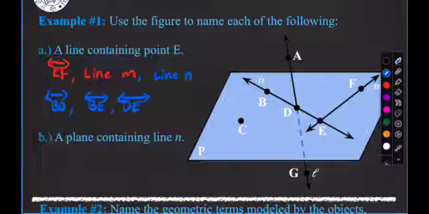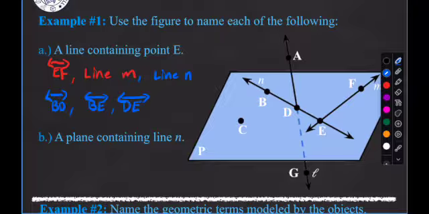A plane can be made using any 3 points. So a plane containing line N. This is line N right here. All we need is just 2 points that are on that line. That's line N. Remember, line N, we can say BD, or we can say BE, or we can say DE. That's all line N.